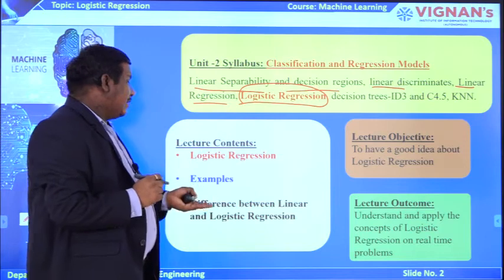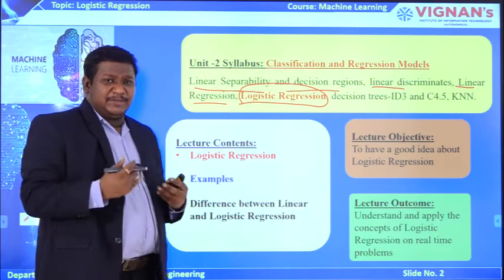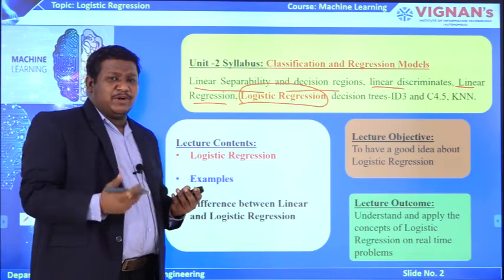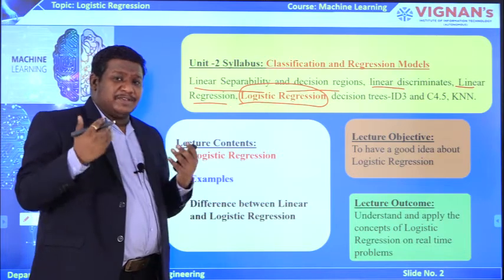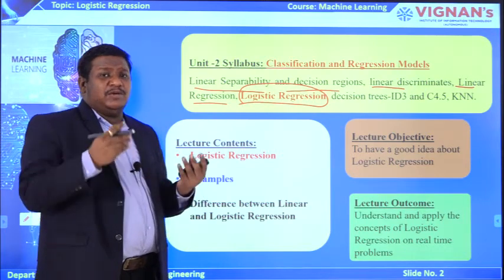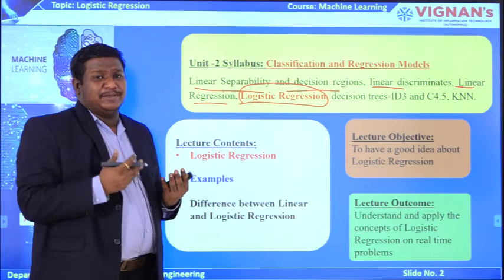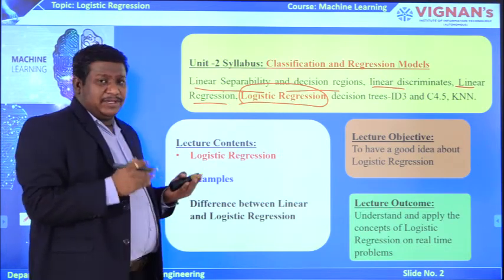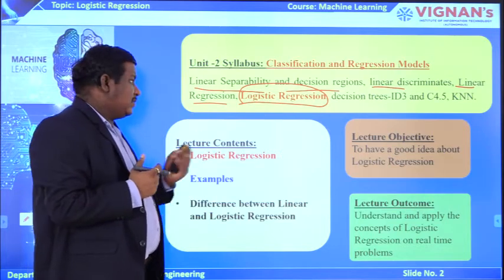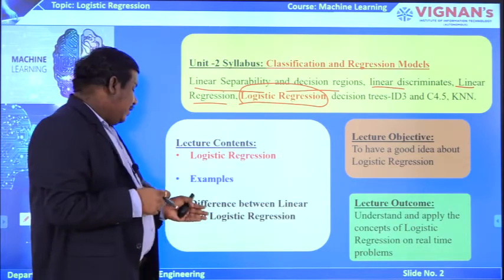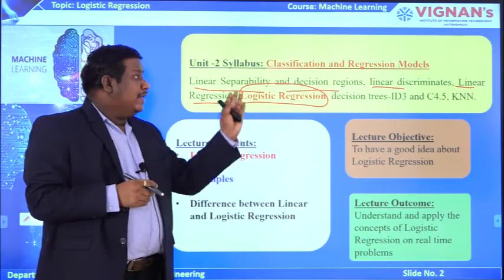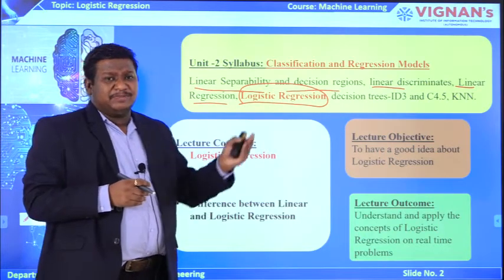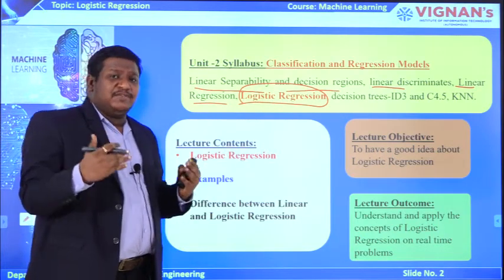The contents of this lecture are logistic regression basics: what logistic regression is, how it can be implemented, what the benefits of using it are, and in what way it helps us find better results in machine learning. Also some real-time applications and examples of logistic regression, and a detailed comparison between linear regression and logistic regression, given at the end for better understanding.